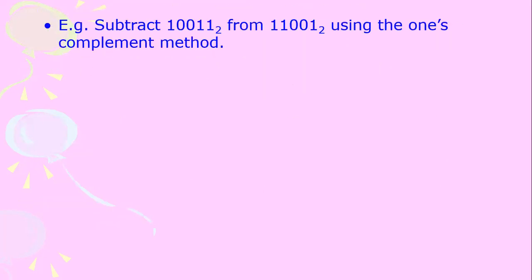Here is an example. If you are told to subtract 1, 0, 0, 1, 1 from 1, 1, 0, 0, 1 using the 1's complement method, the minuend is 1, 0, 0, 1, 1 and the subtrahend is 1, 1, 0, 0, 1.